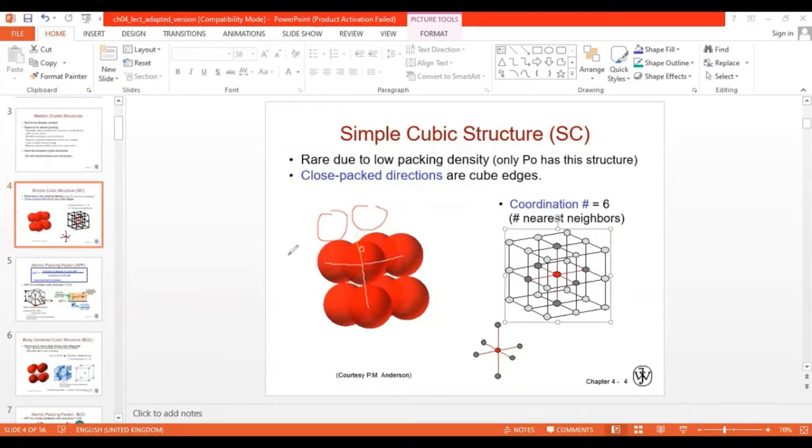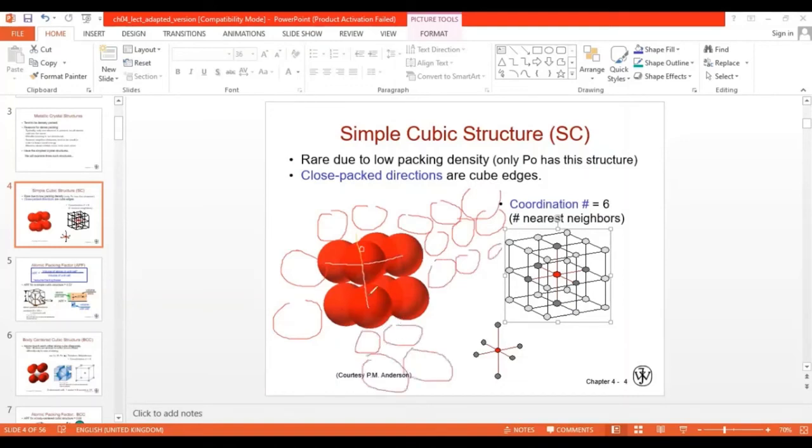I can draw atoms to this side also, throughout like this. Similarly here also I can draw atoms, and downward also I can draw atoms. So this is a continuous structure.